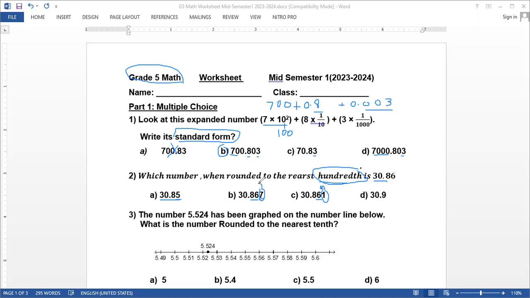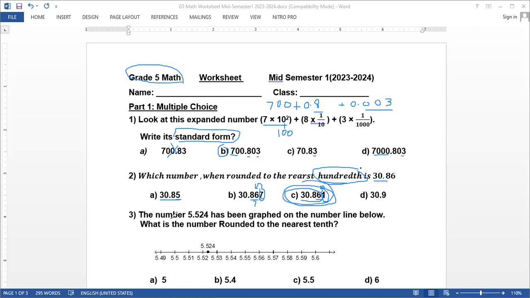But here we need, let's round this. 7 will be 0, but it will give 1 to 6. So it becomes 87 hundredth. But in this case, 1 is a small number, so it will not give 1 to 6. So the answer will be 30.86. So the correct answer is C.